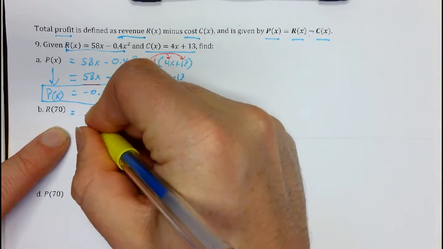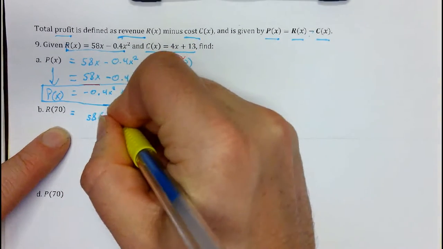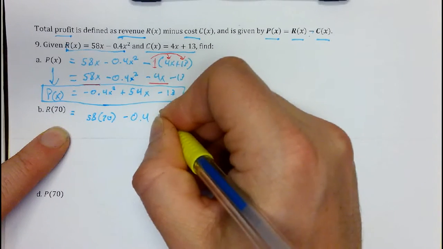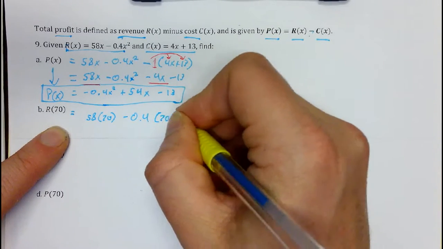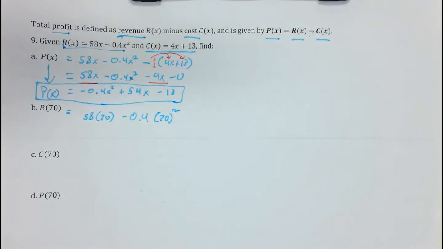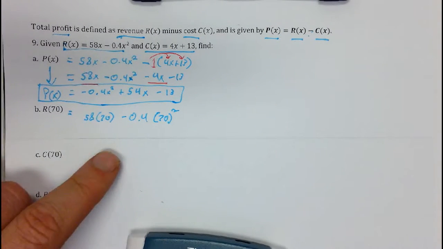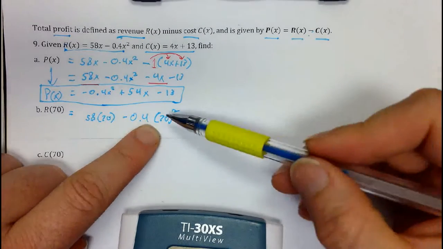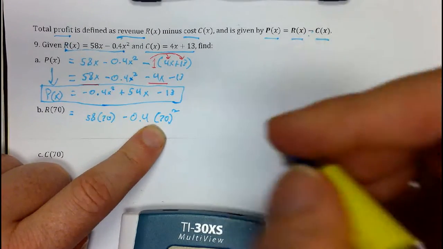So now this will be 58 times 70 minus 0.4 times 70 squared. Now I see this issue a lot with students. Make sure you're doing your exponent first. I mean, everyone remembers PEMDAS.